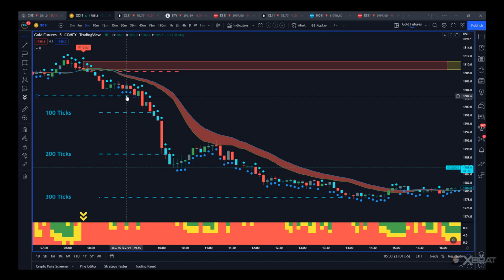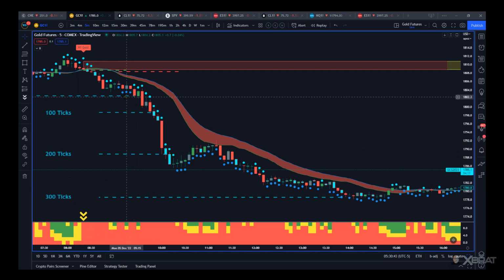Then I've got milestones because I'm managing the trade with the manager, which is this ribbon. I'm going to go through the pullback and understand the behavior. Now, we may not always get 300 ticks and may not always get 200 ticks, but I have 100, 200, 300 in mind because I'm looking for runners. I'm going to manage this sensibly.